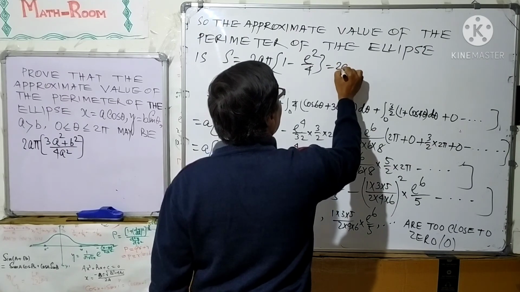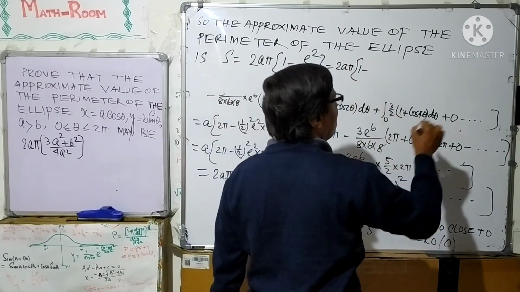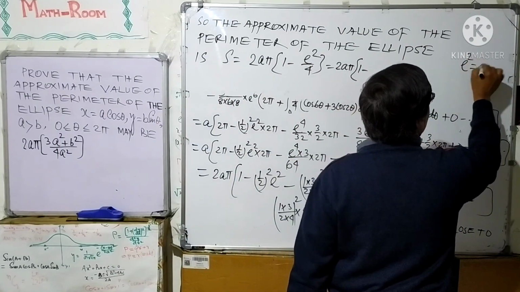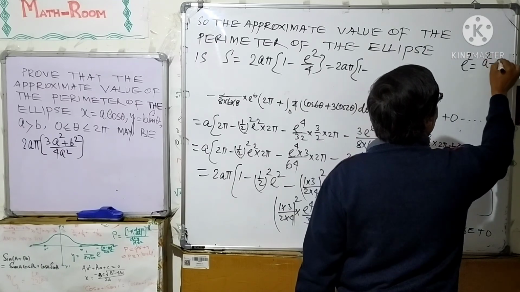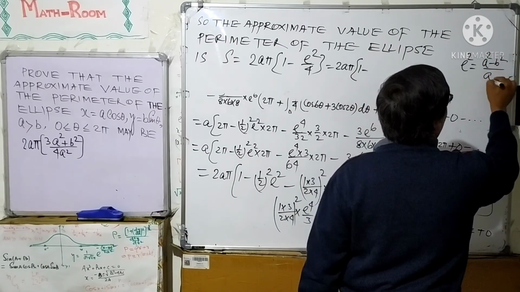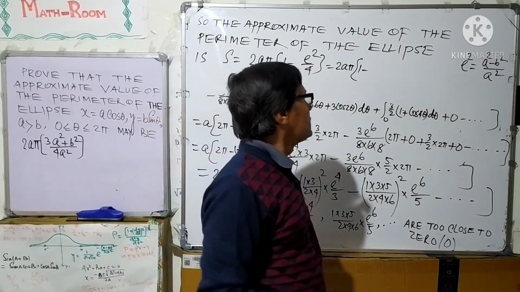as 2a pi into 1 minus e square over 4, where e is the eccentricity of the ellipse, that is e square equals a square minus b square over a square.